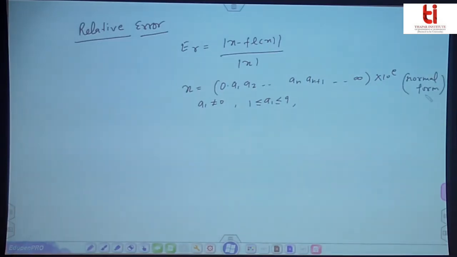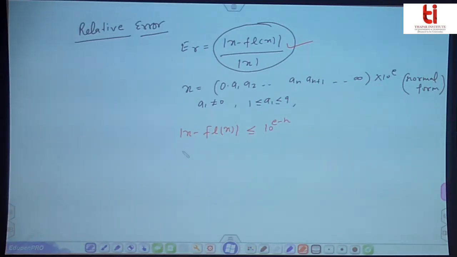What we want is to maximize this whole thing. We already obtained x minus floating of x is less than or equal to 10 raised to power e minus n. Now we are interested to compute the minimum value of 1 upon mod of x.